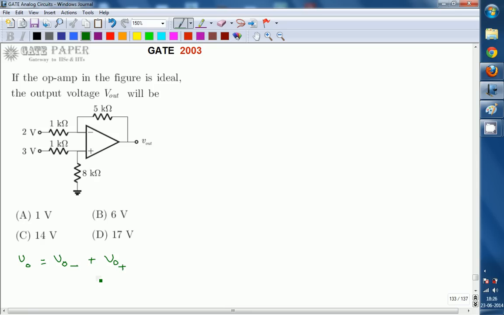We will calculate the output response due to the voltage at the inverting terminal separately by considering the non-inverting terminal at ground, and the response due to the voltage at the non-inverting terminal by considering the inverting terminal at ground. So we are going with V naught minus plus V naught plus. These are the resulting circuit diagrams.